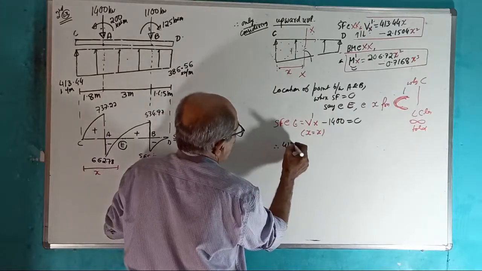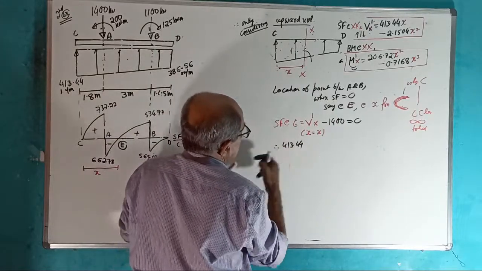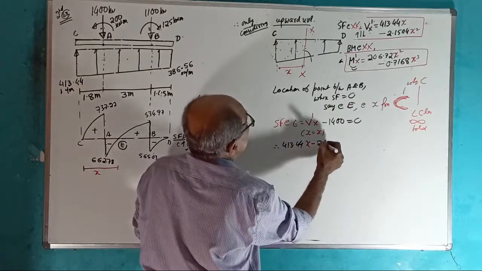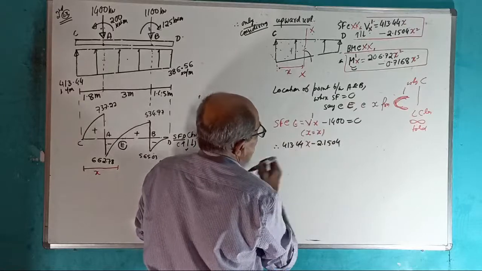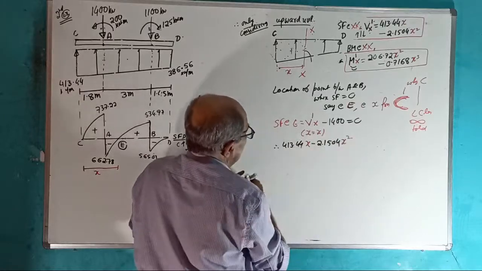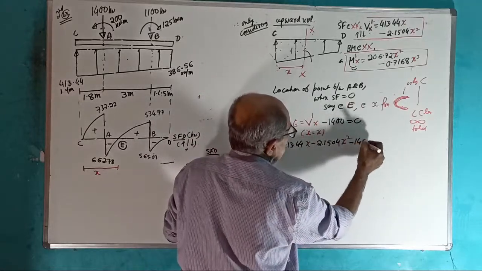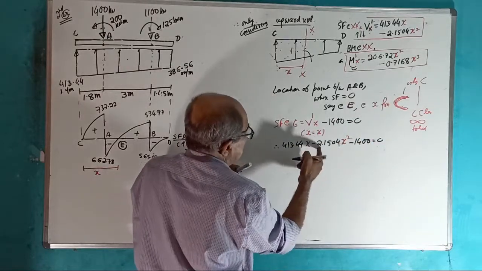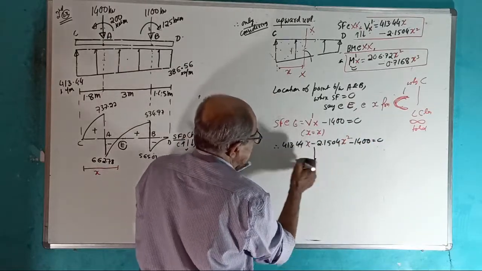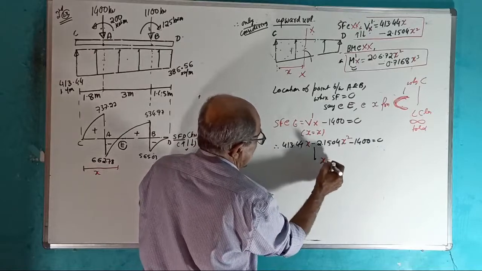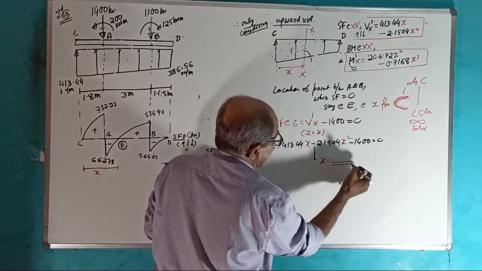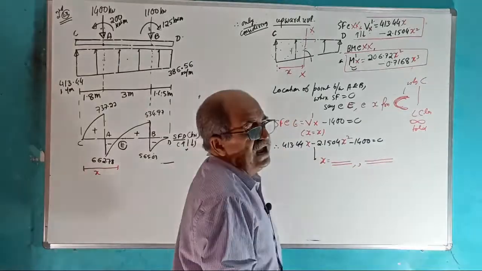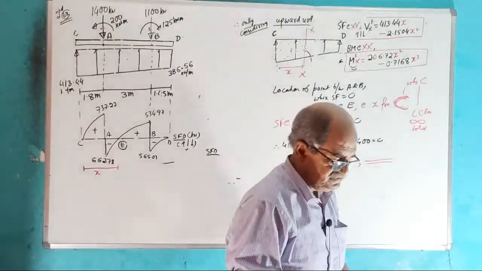Therefore, 413.44 times x minus 2.1504 times x square minus 1400 equal to 0. You can rewrite the equation and solve this one. It is a quadratic equation, it will give you two values of x. Tell the answer. I want both values of x.